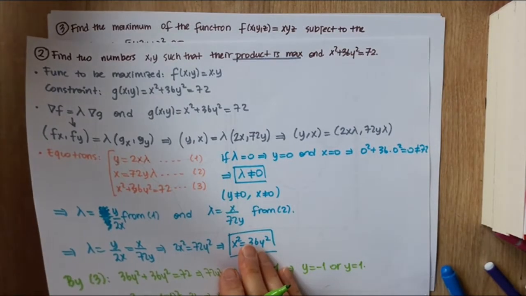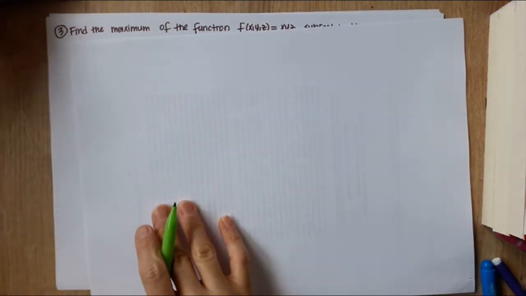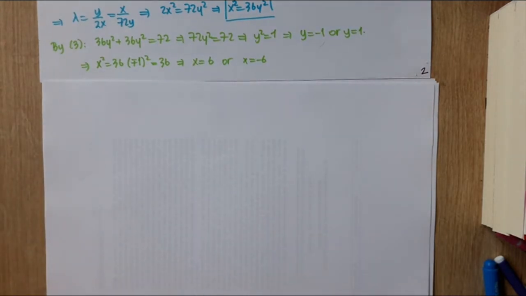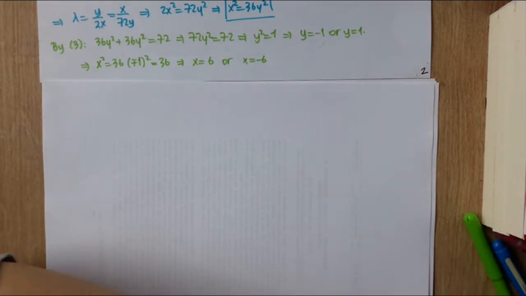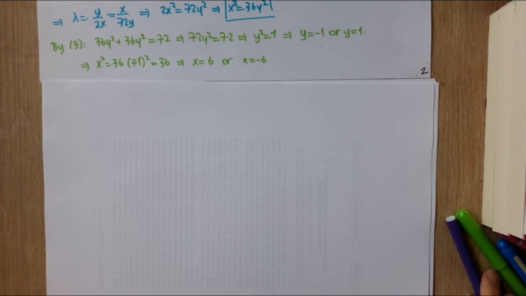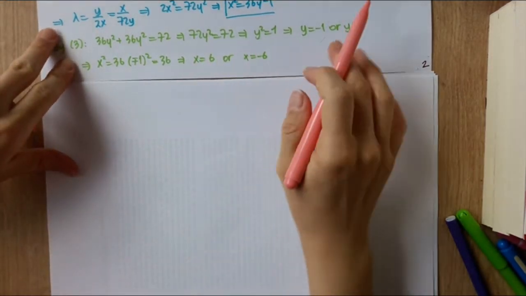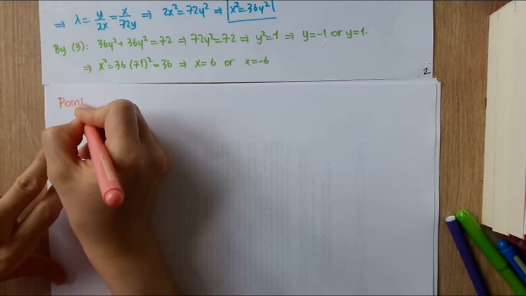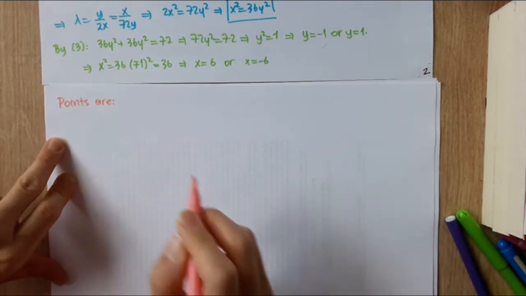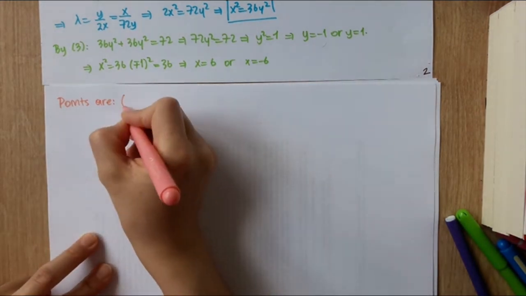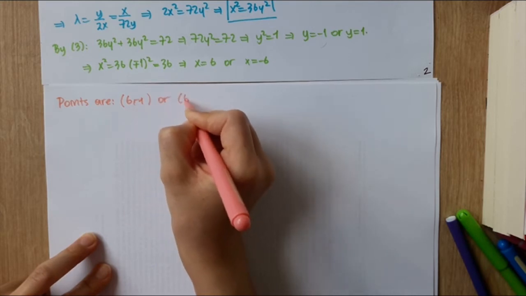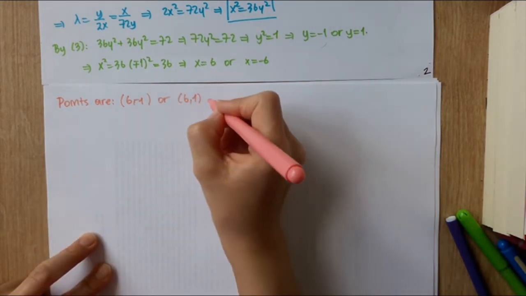So let's write these points. When y is minus 1, we have 2 possibilities. Points are 6, minus 1 or minus 6, minus 1.